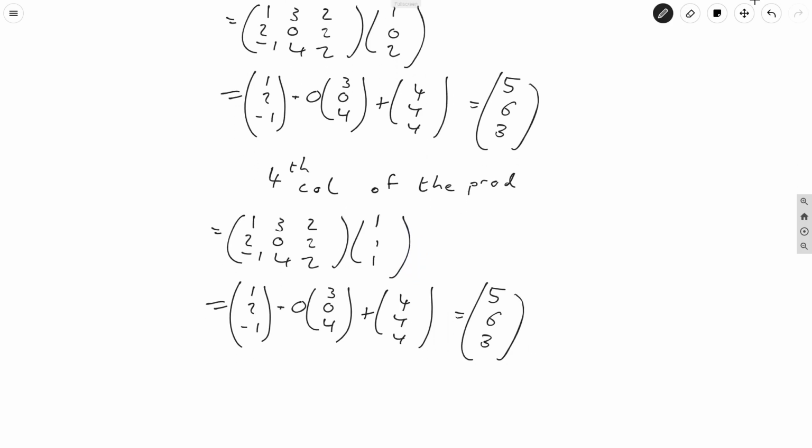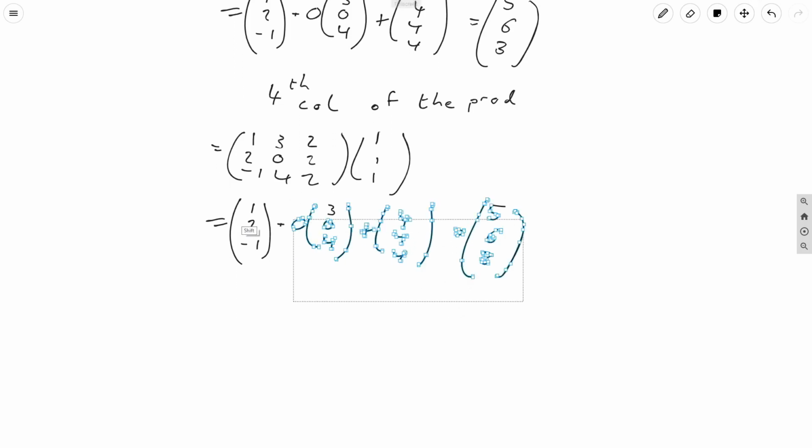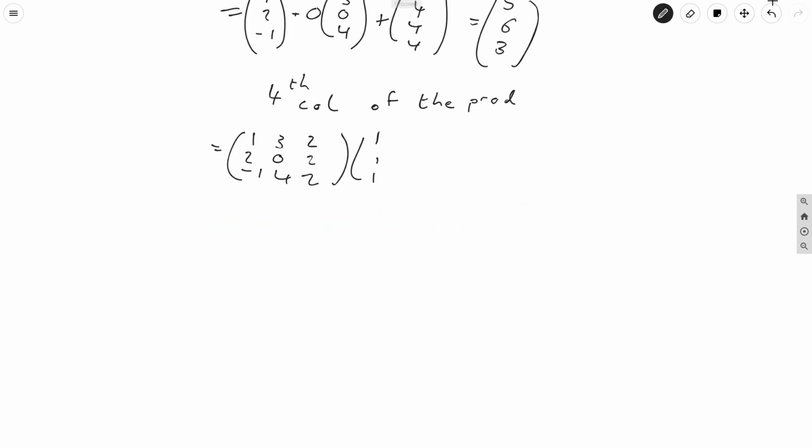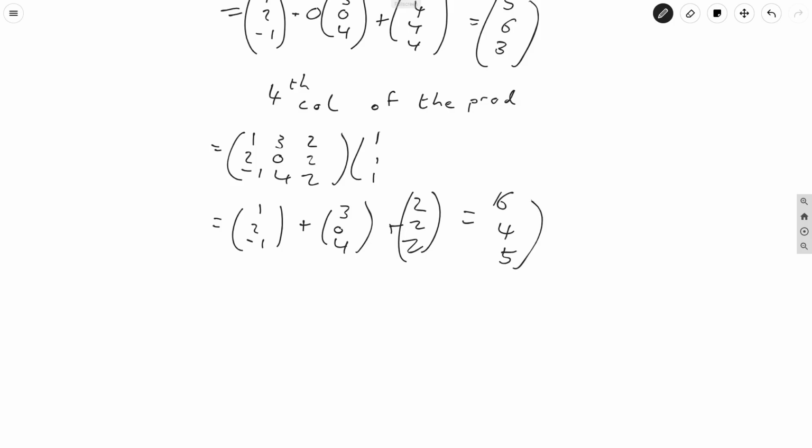It means we just take 1 times the first, plus 1 times the second, plus 1 times the third. This is equal to 1, 2, minus 1, plus 3, 0, 4, plus 2, 2, 2. So this is 6 on top, 4 in the middle, and 5 on the bottom, right?